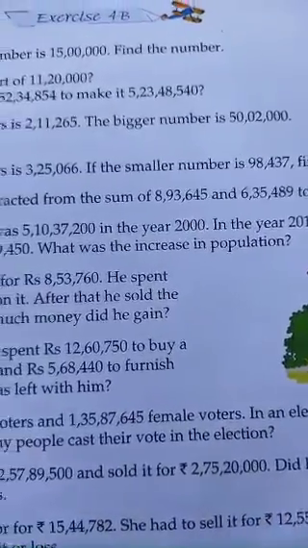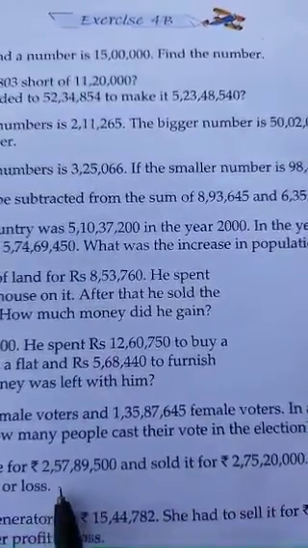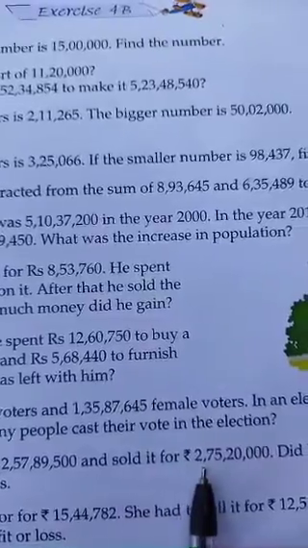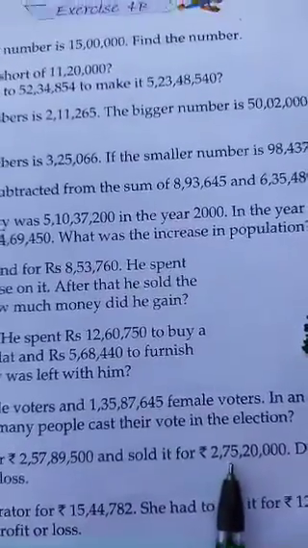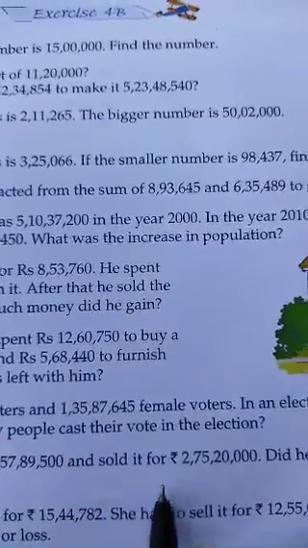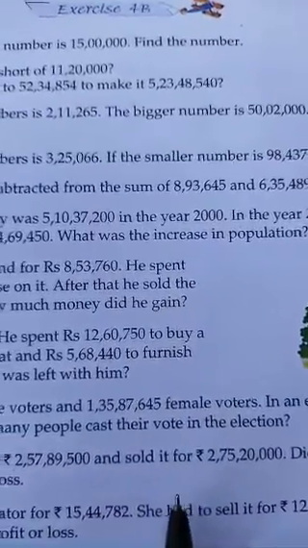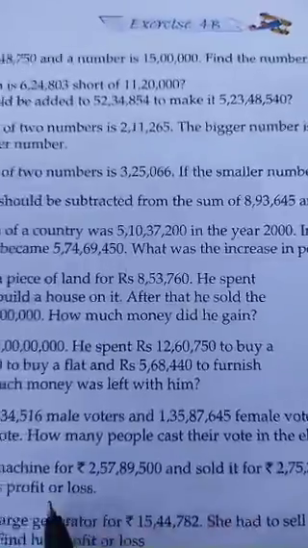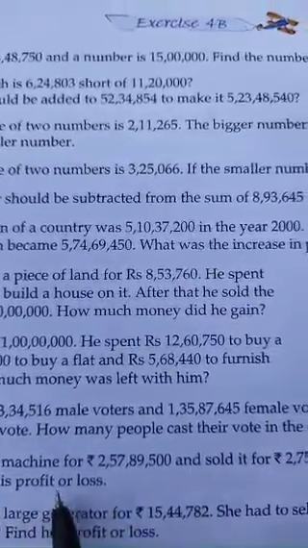Then did he gain or lose? That means he bought for less money and sold it for more money than what he bought. So in this case there is profit. He got a profit, and now you have to find his profit or loss.